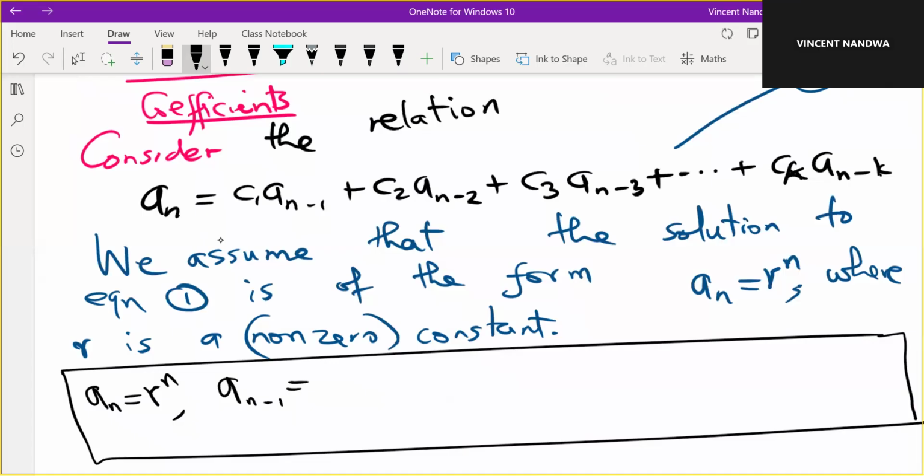R power n minus 1. Correct. R power n minus 1. And then a n minus 2? Correct. A sub n minus 3?